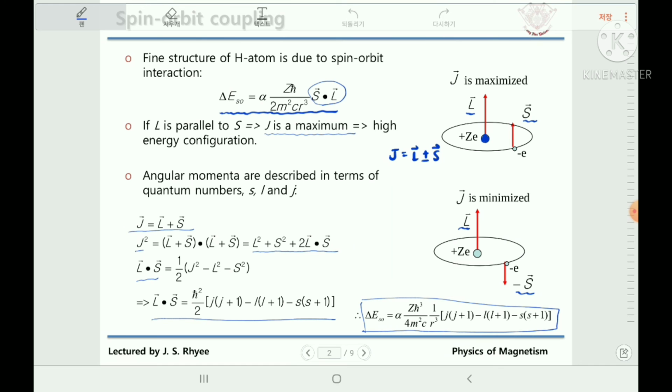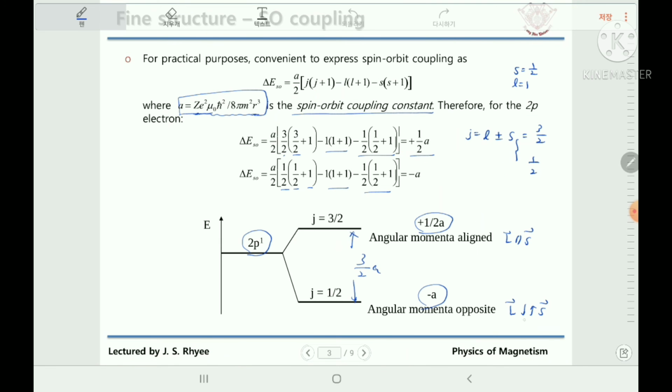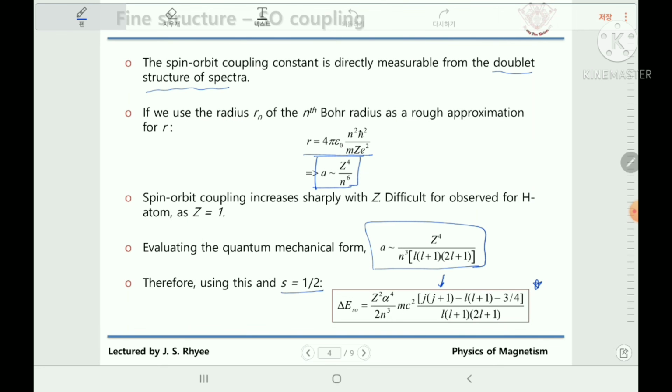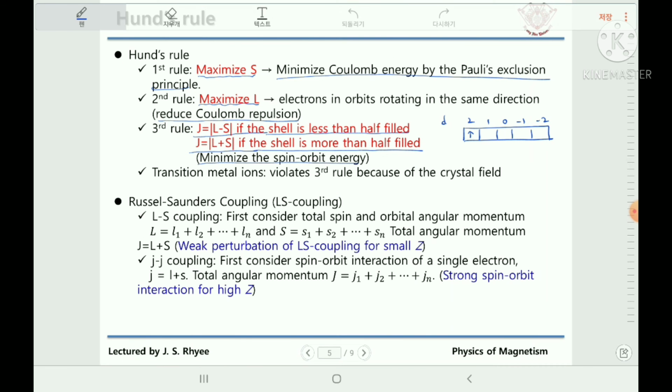For the spin-orbit interaction, the anti-parallel case, J equal to L minus S, has lower energy, and J equal to L plus S is the maximum energy. In nature, systems prefer lowering the energy. Therefore, to minimize the spin-orbit energy, it is natural to have J equal to L minus S.